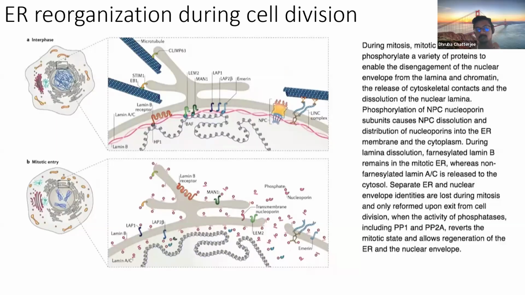For these endomembrane compartments like endoplasmic reticulum, Golgi, and mitochondria, the common theme is that these membranes get fragmented, right? The endoplasmic reticulum membranes, Golgi apparatus, as well as the mitochondria, get fragmented or fissioned into much smaller segments.